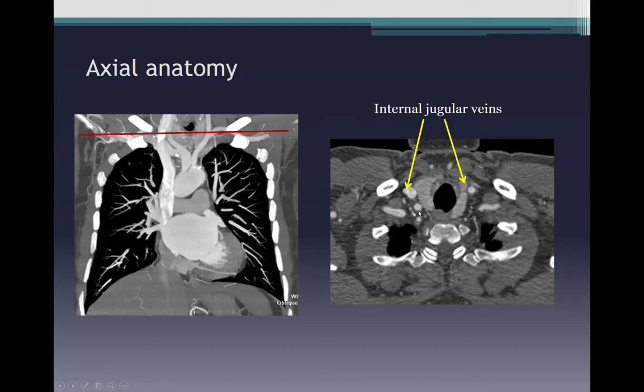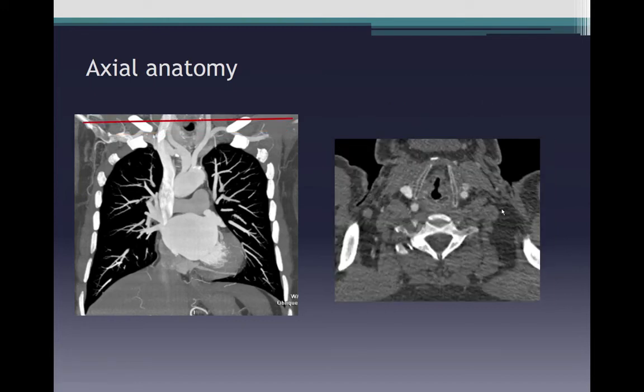We have the common carotid artery on the right side clearly seen here, and on the left side is slightly more anterior, which is where my arrow is. And the subclavian arteries on either side are seen here going towards the arm. Now as you go further into the neck, we can see the common carotid arteries on both sides accompanied anteriorly by the internal jugular veins on either side.